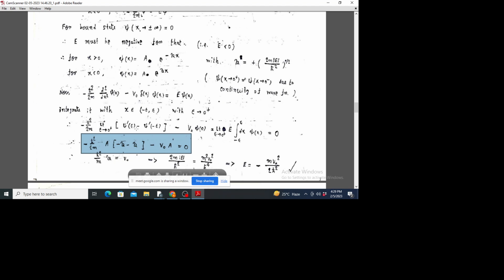So psi dash epsilon: taking the derivative, psi dash x means minus kappa a e to the power minus kappa x, and in place of x substitute epsilon, so e to the power minus kappa epsilon, and epsilon tends to 0, that means e to the power minus kappa epsilon gives us 1. So that is why I have written minus kappa a.